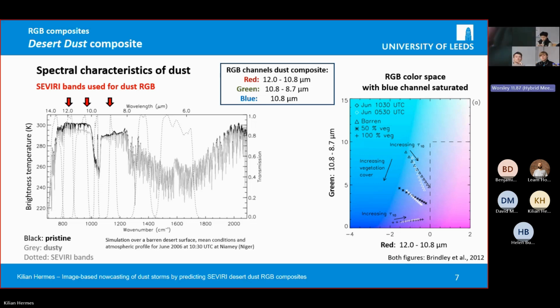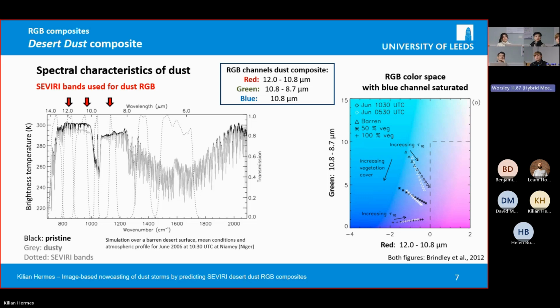And these dotted lines show the channels where the instrument measures, so basically under these three red arrows here. And what you can see, if you look closely in here, is that the channel around 10 micron is suppressed stronger than the adjacent channels with the presence of dust.